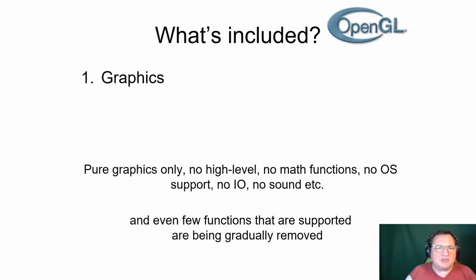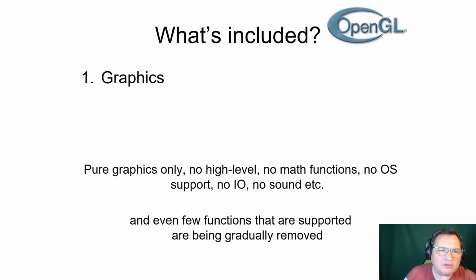Okay, so what's included in OpenGL? First of all, graphics, and that's number one on the list, and that's also the end of this list. OpenGL is strictly a graphical API. Pure graphics only: no high-level math functions, no OS support, no I/O, no sound. All this is just not included. And even the few functions that were supported are being gradually removed as deprecated functionality.